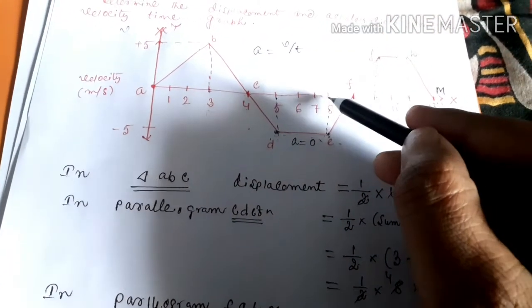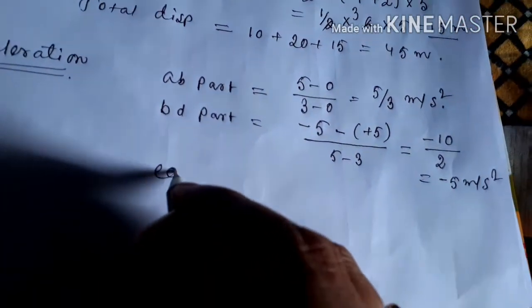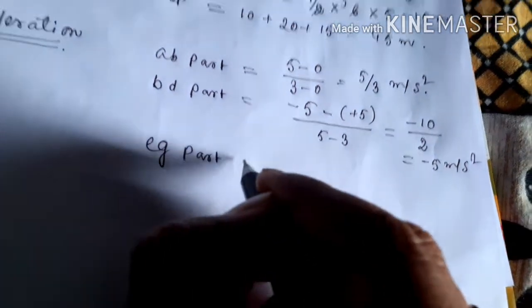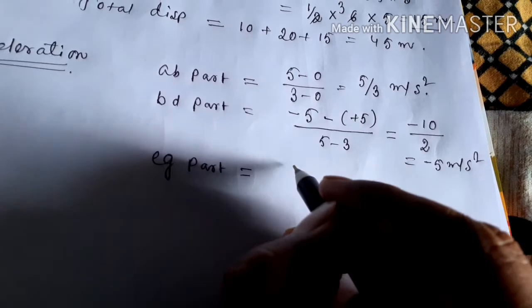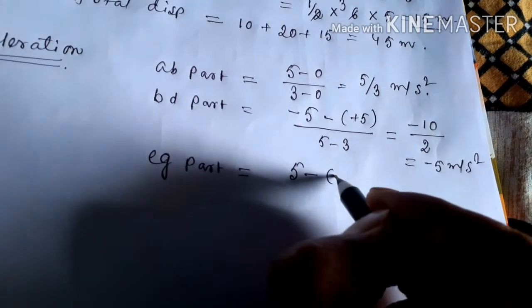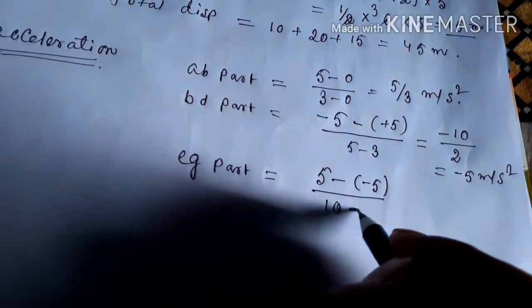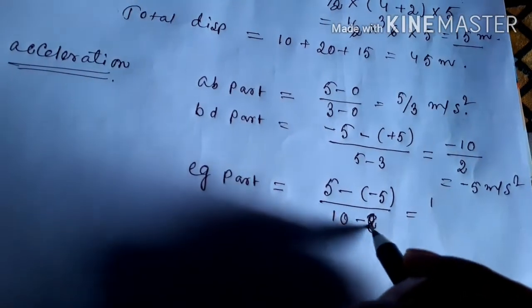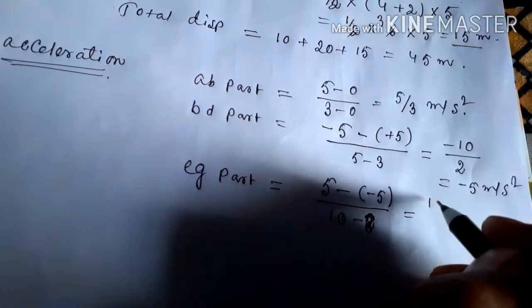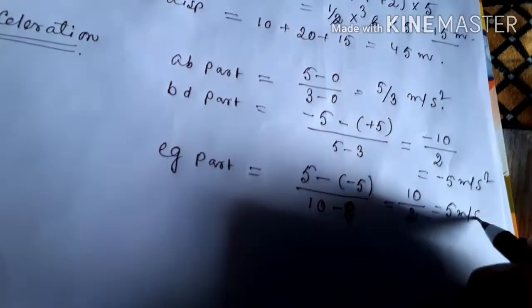Time taken, here 8, here 10, so the change in time is 10 minus 8. So in the EG part, the final minus initial, that means 5 minus minus 5, is plus 10, divided by the change in time, 10 minus 8, which is 2. So you will get plus 5 meter per second square.